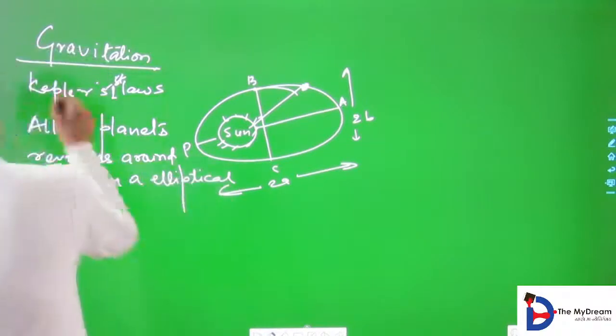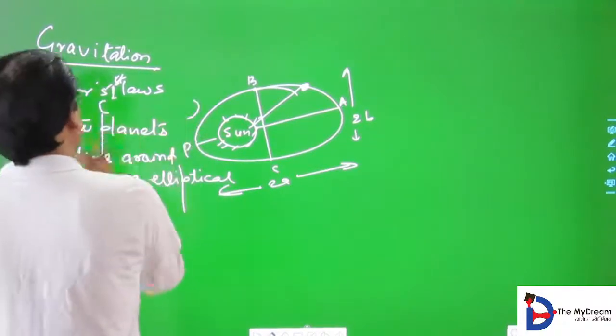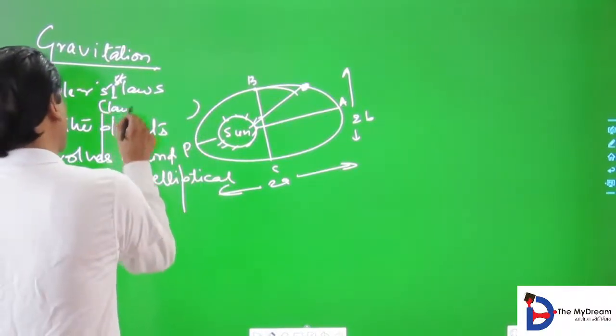So Kepler's first law is also known as the law of orbit.